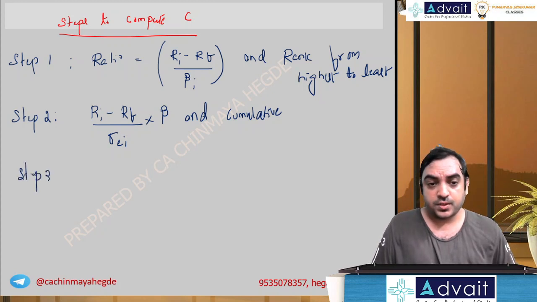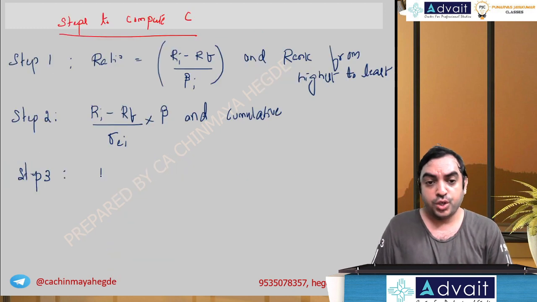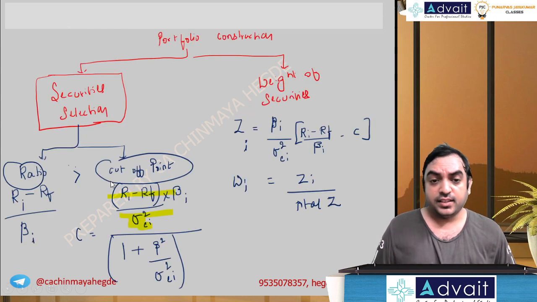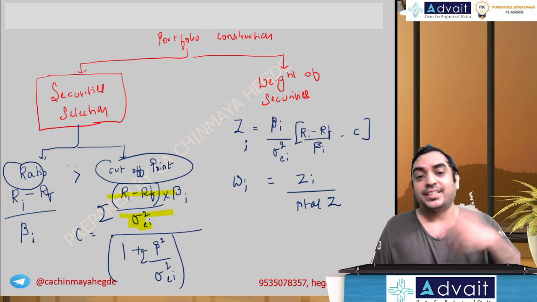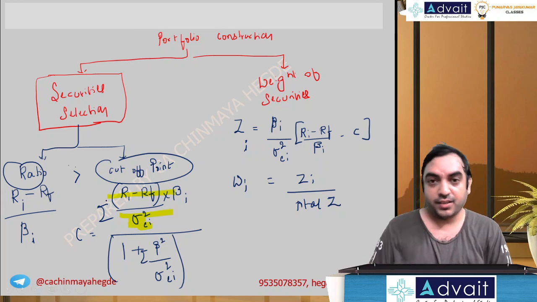Then step 3, the denominator. What is the denominator formula? I told you 1 plus, anyway that will come later. Let me just calculate this beta square. In fact, the formula you can change slightly. This is actually a summation. Summation basically means cumulative. That summation symbol you can add in the previous chart.